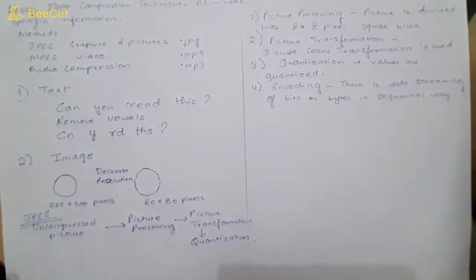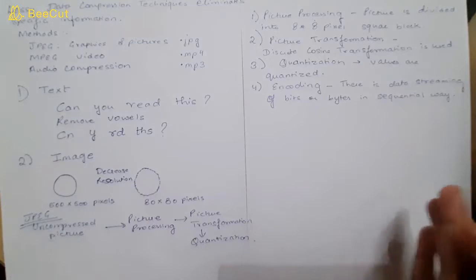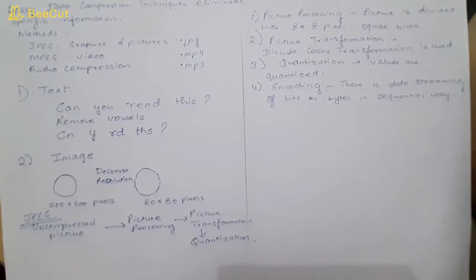Basically, the picture will be represented using encoding. Some bits and some pattern will be there, and that will be used to represent it.